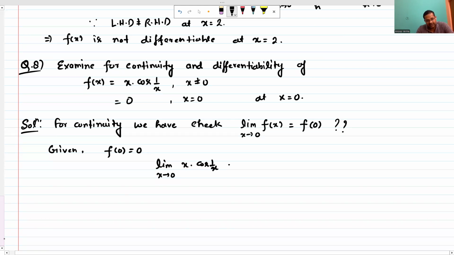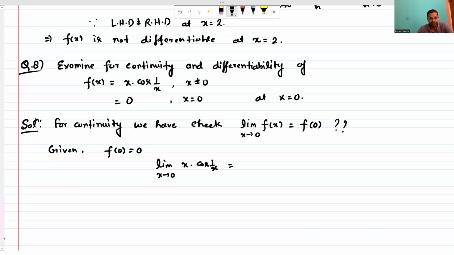So when x is tending to 0, this 1 by x will be tending to infinity clearly, and cos 1 upon x will be some finite value, but it is undefined. We don't know; you can say it does not exist.